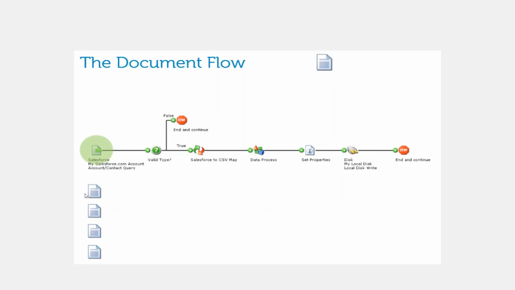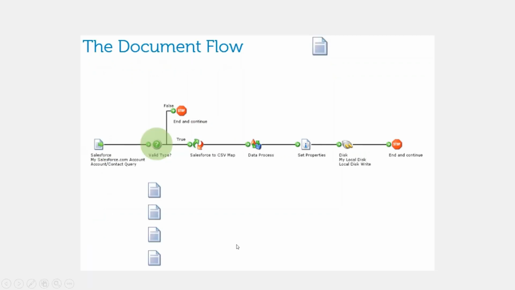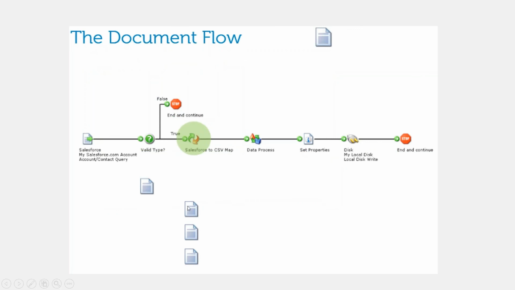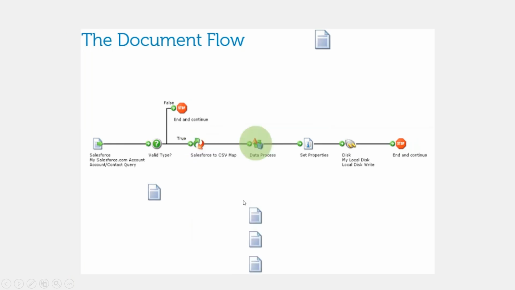Say now out of Salesforce, I've got 4 documents. All 4 documents will go to the next shape, and it will check for the type here. Out of these, 3 documents have the valid type, so they go to the XML to CSV map.